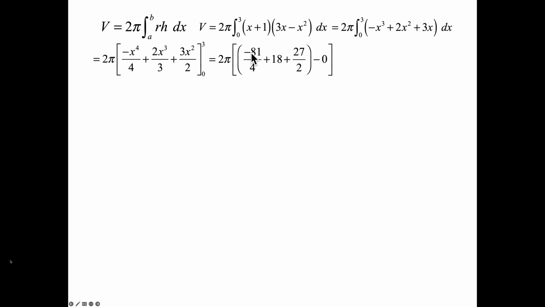Negative 3 to the 4th over 4, or negative 81 over 4, plus 2 times 3 cubed over 3, or you can simplify it to 18. Plus 3 times 3 squared over 2, 27 over 2. Again, let the calculator do all the work. We get 45 over 4 times 2 pi. 2 goes into 4 twice. 45 pi over 2 units cubed.